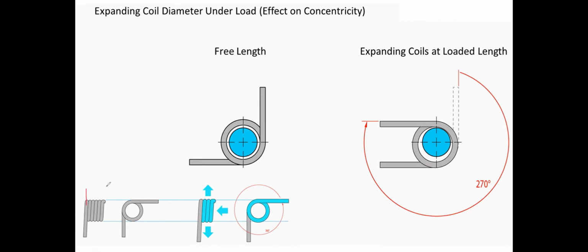The free length will become shorter, and the mean coil diameter will increase.